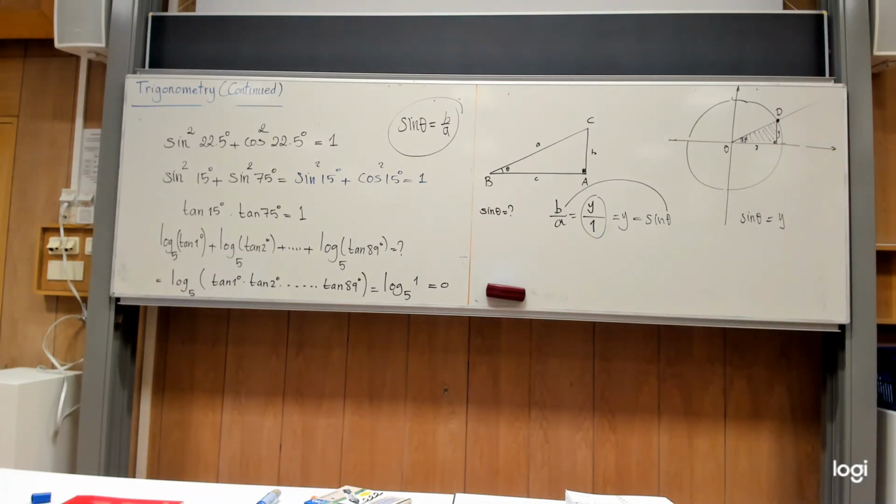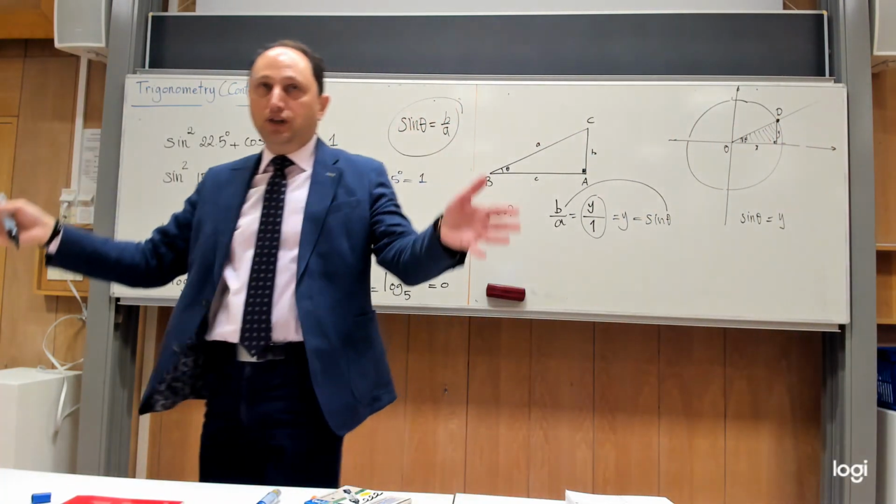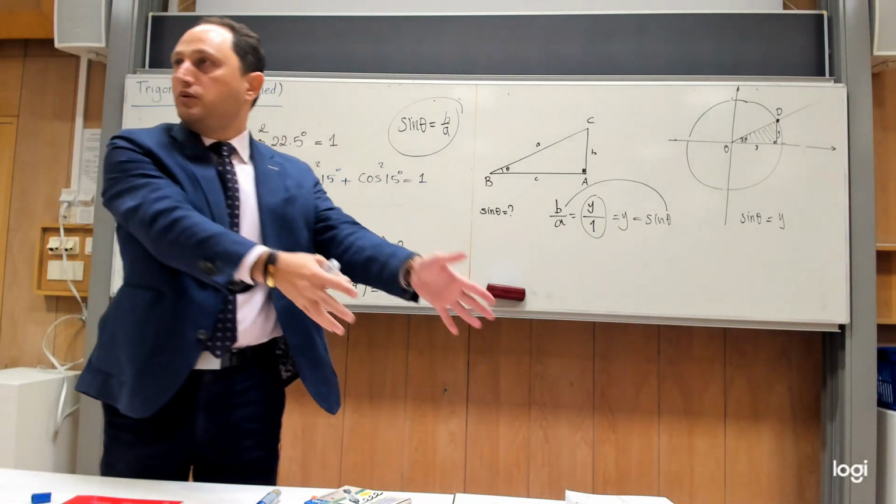Okay? So is that understandable? Yes. So you see, I define sine just in one way. The consequence of this definition in the context of a right angle triangle would be the same thing that you knew before. But the logic is quite different for the people who are interested to understand things in a correct way. So we do not have two trigonometries. One trigonometry in this context, another trigonometry in that context.